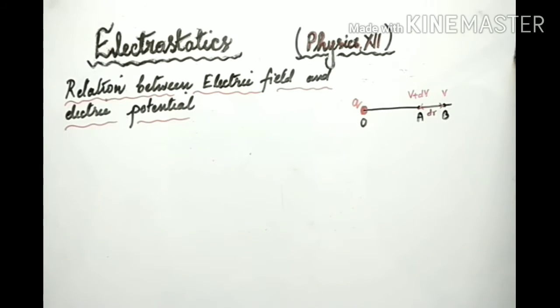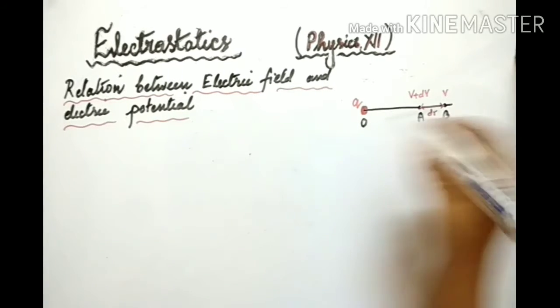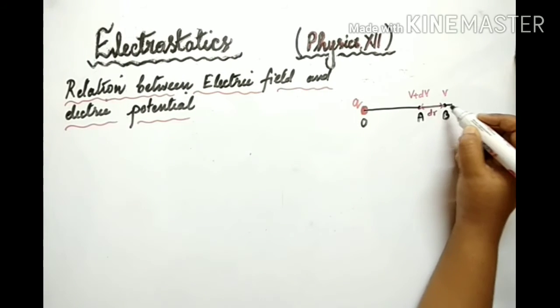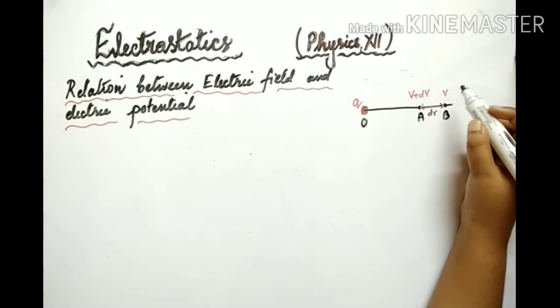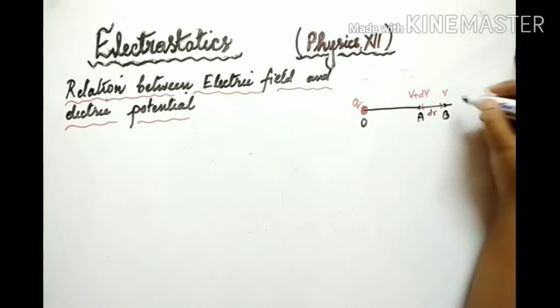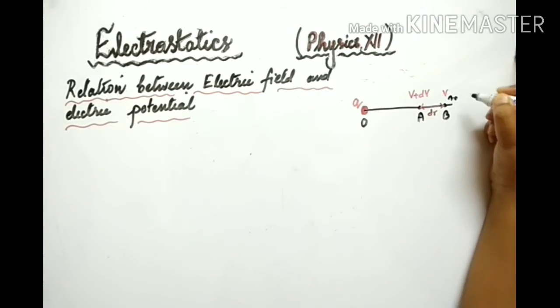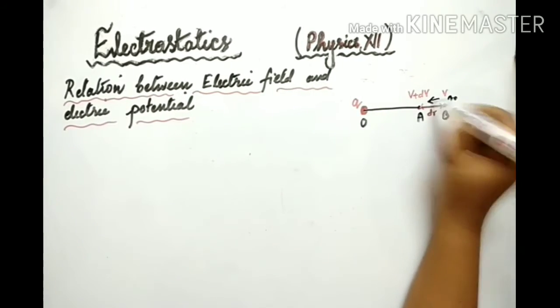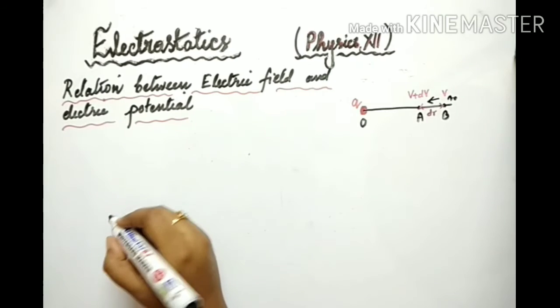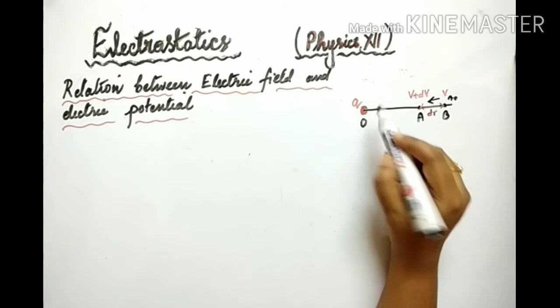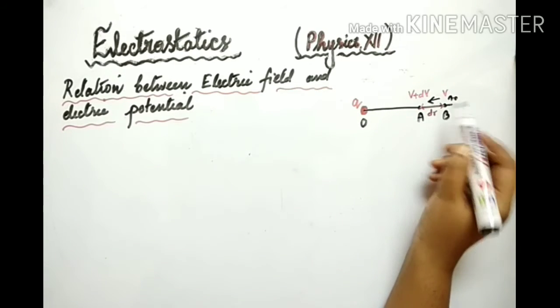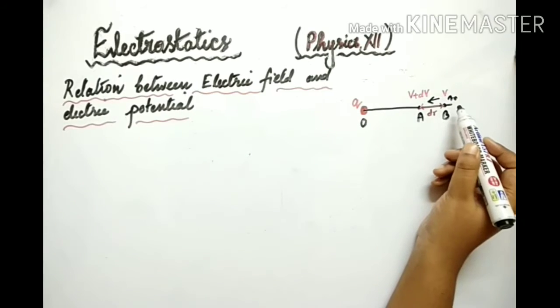So let us write it in this manner. Imagine you have a test charge here and you want to bring it towards this direction. Now in this direction you can see there is a source charge here and it will apply a force of repulsion on this charge Q naught.